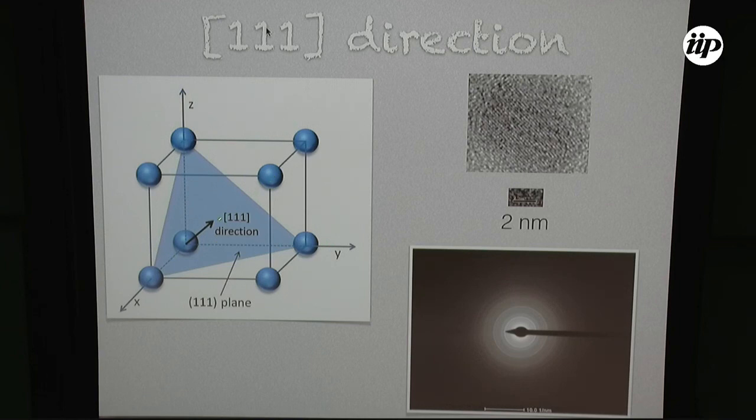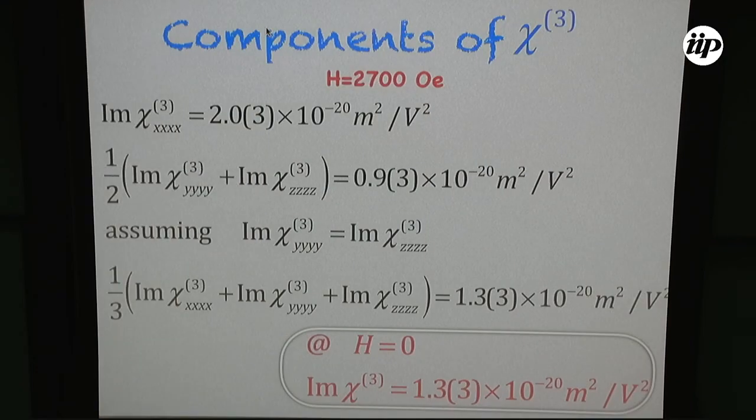So we are able to measure chi3, the component of chi3, along the main diagonal of this cube here, when the electric field is parallel to the magnetic field. And when we are perpendicular, as we don't have the possibility to freeze the sample, this movement is possible. We have a mean value in the direction perpendicular to 111.